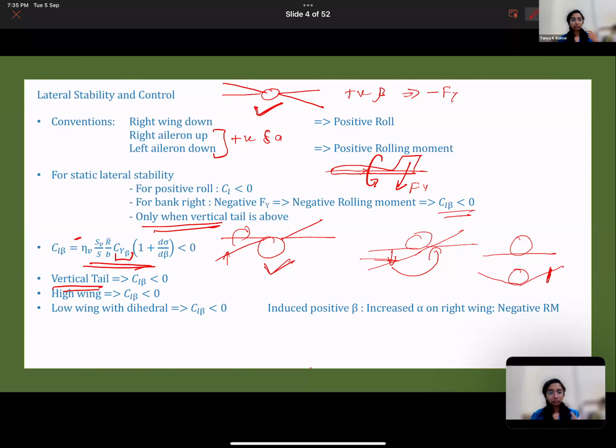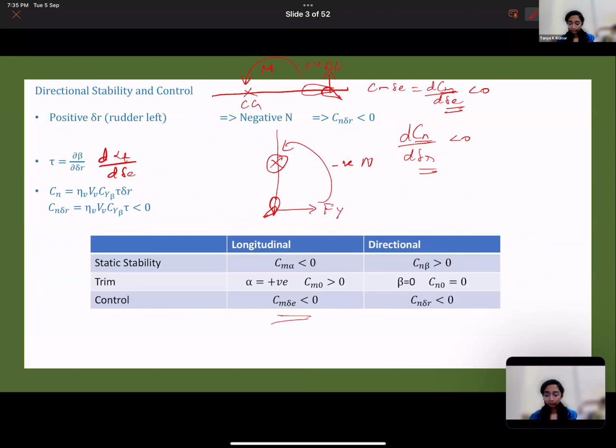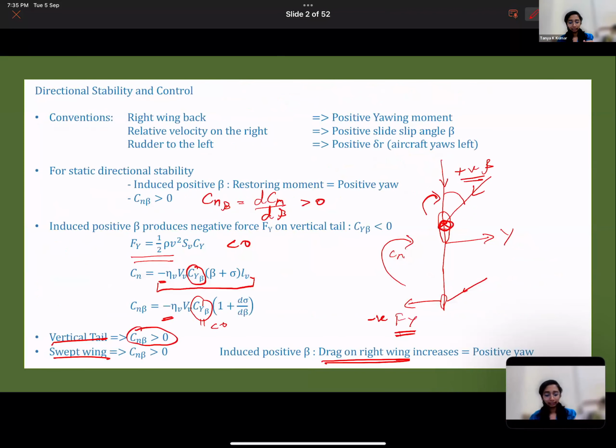So the structures that contribute towards lateral stability are the vertical tail which is above, and high wing or low wing with a dihedral. Remember this. For the previous case, it was vertical tail and swept back wing.